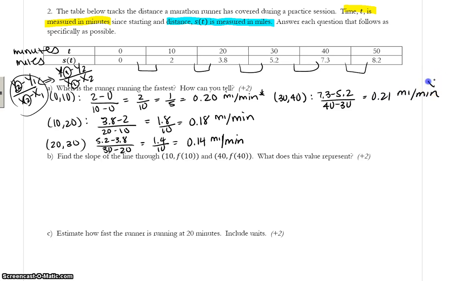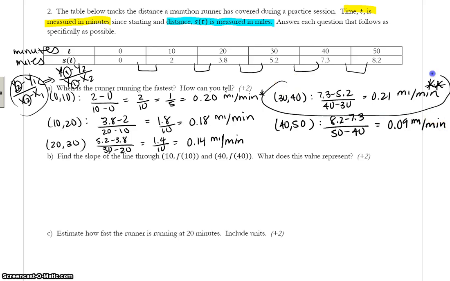And now our new fastest is 30 to 40. And our last one is 40 to 50, which is 8.2 minus 7.3 over 50 minus 40, which gives us 0.09 miles per minute. So our fastest is going to be 30 to 40.